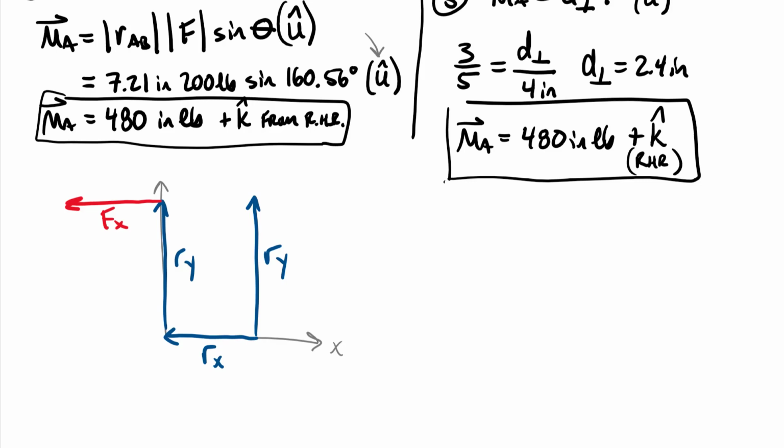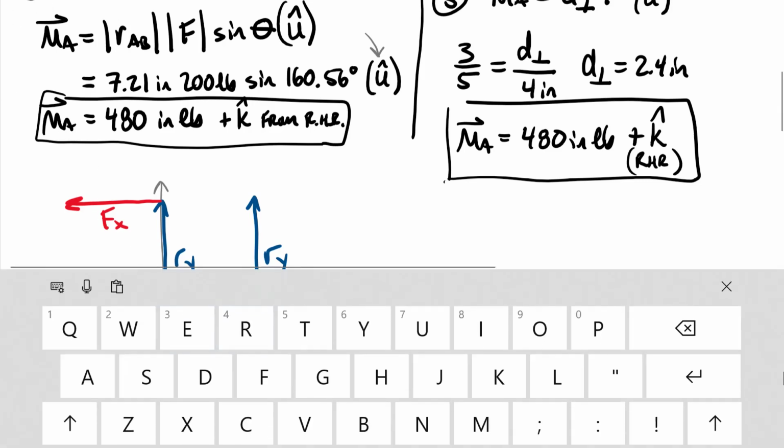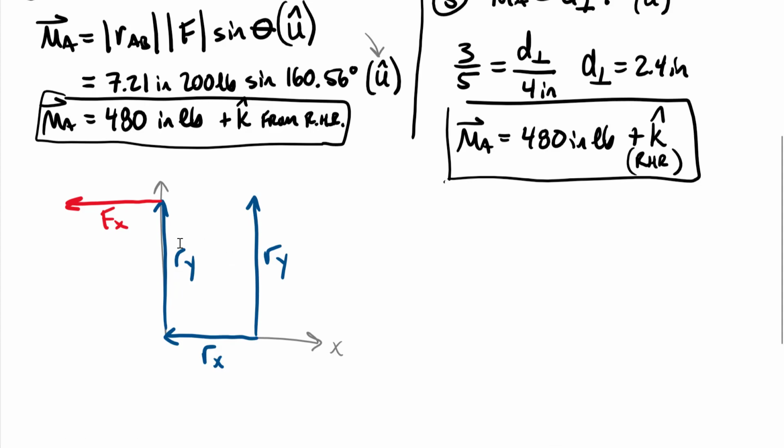Notice as I drew my ry right over here, I took a vector whose line of action went through point A, and it no longer goes through point A, and I moved it over a distance here. Fundamentally, you want to leave your component vectors still going through their origin point. So let me just call this ry prime.